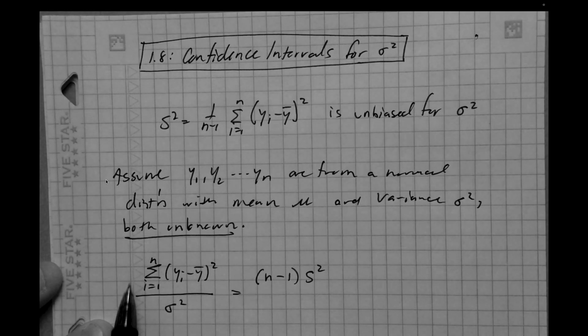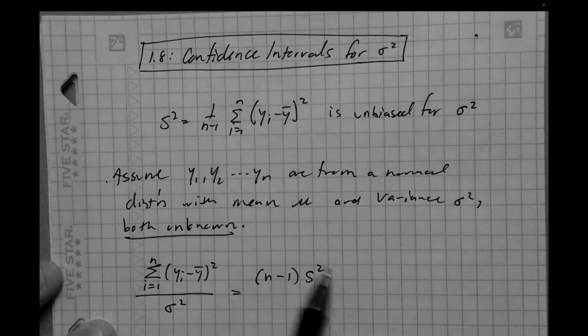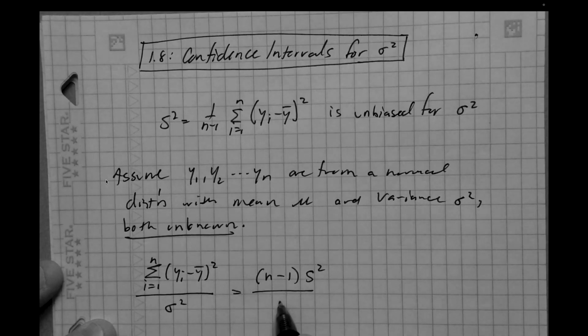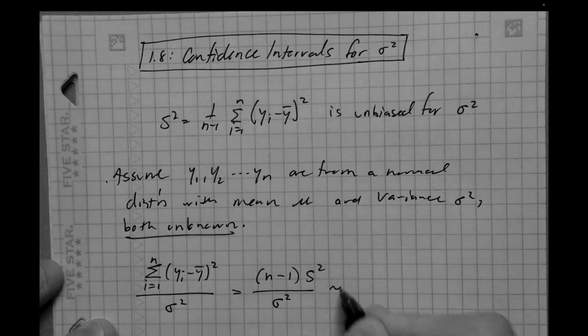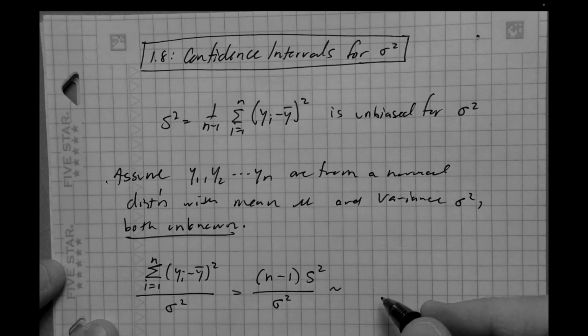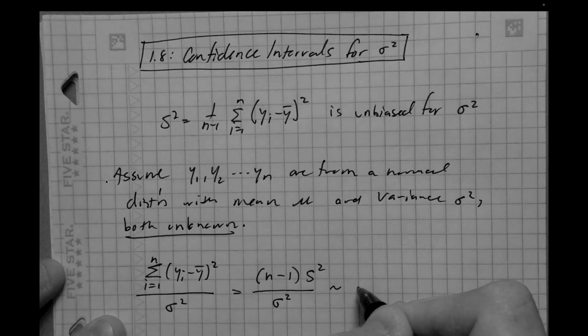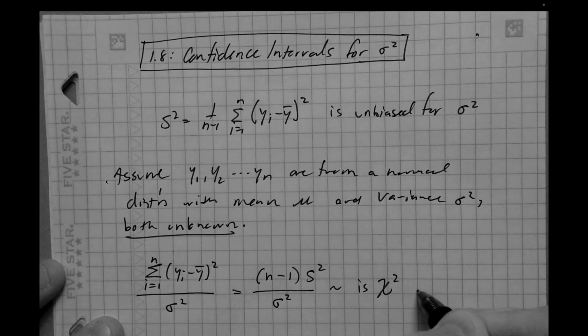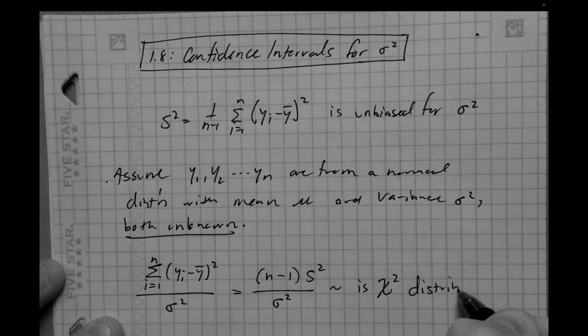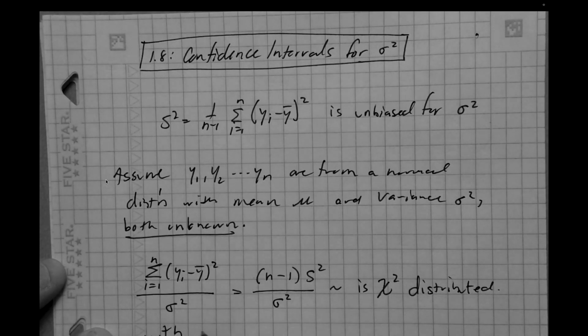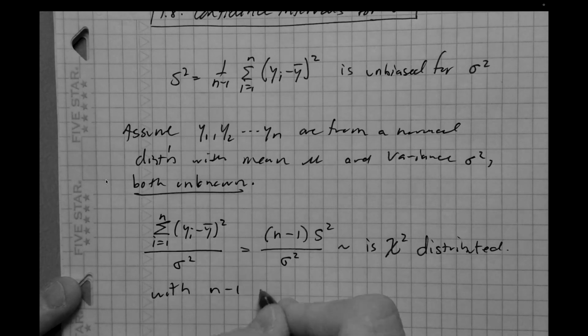It's just 1 over n minus 1, so just put the n minus 1 up top, and you get this. This guy here, we've seen previously, is chi squared distributed with n minus 1 degrees of freedom specifically.